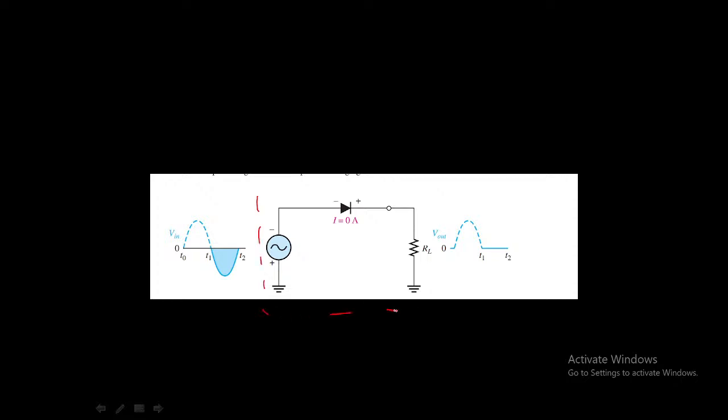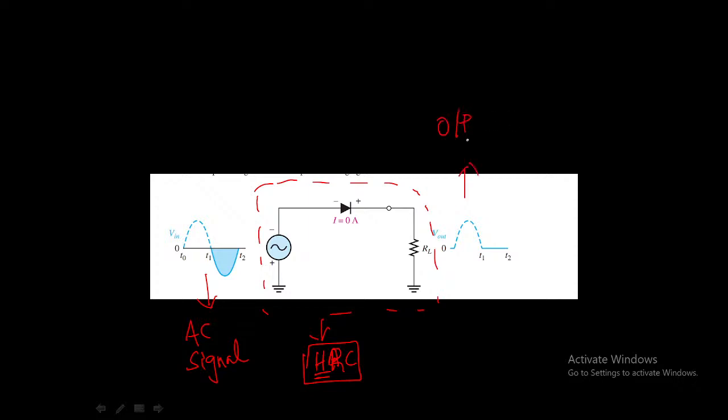For this circuit, this is our input AC signal, and this is our output pulsating DC signal.